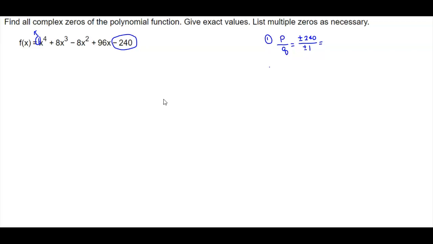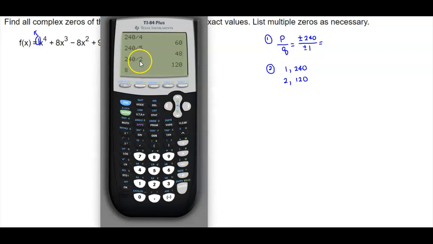When we list them, we do the following. We know that 1 and 240 gives you 240. 2 times what gives you 240? Well, that's 120, and the way to do that is to use a calculator: 240 divided by 2. 240 divided by 3 is 80. 4 goes into 240 60 times.